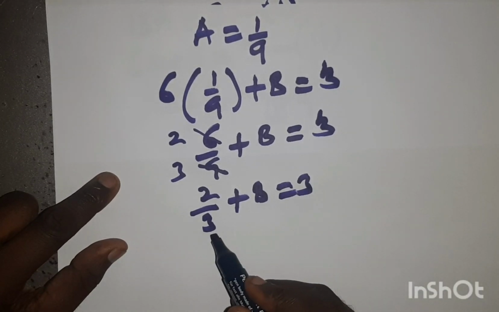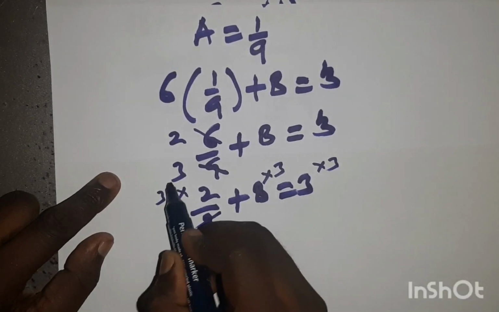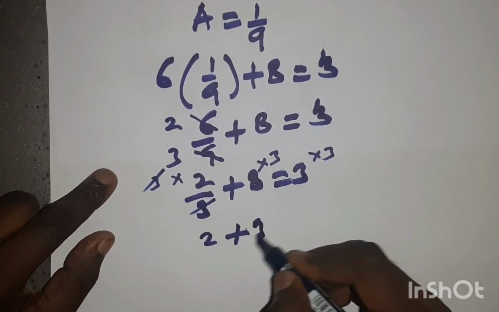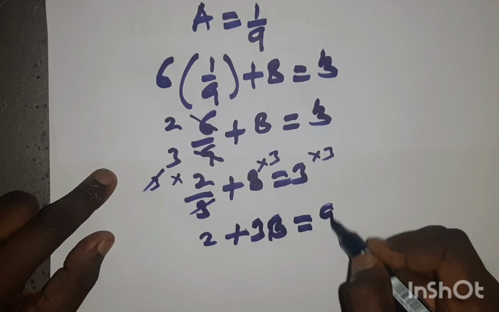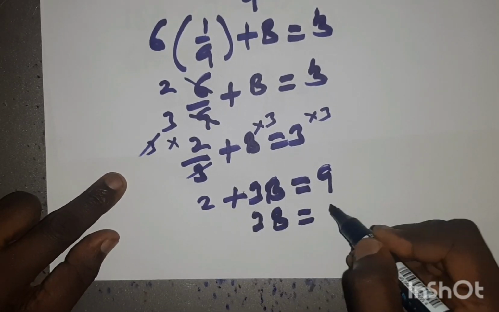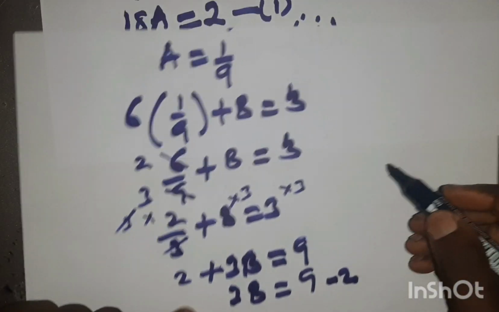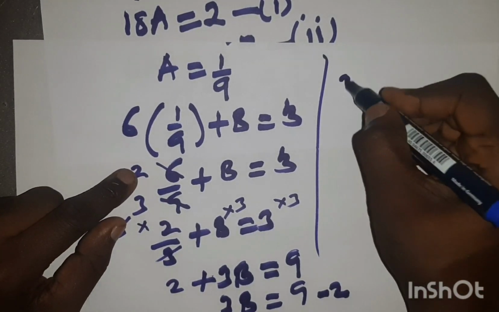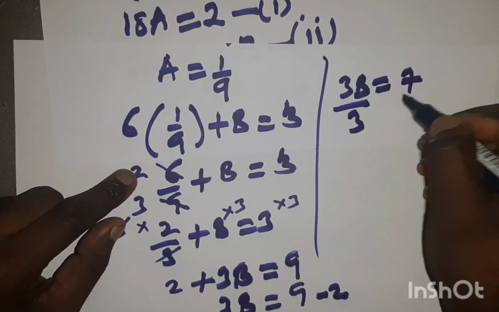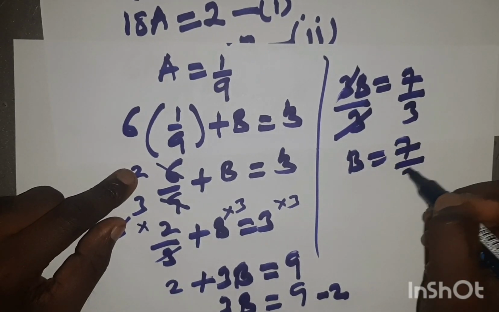Multiplying through by 3, this cancels the denominator and I'm left with 2 plus 3b equals 9. Collecting like terms, 3b equals 9 minus 2, which is 7. Dividing both sides by 3, my b equals 7 over 3.